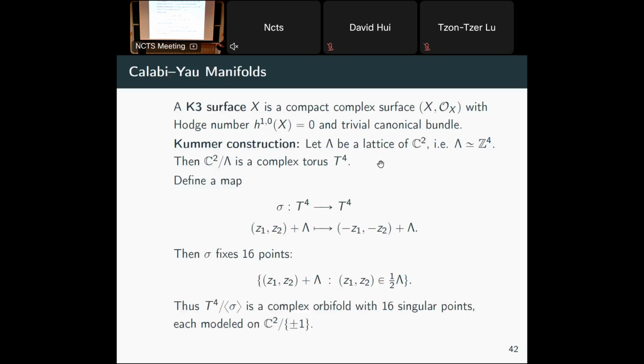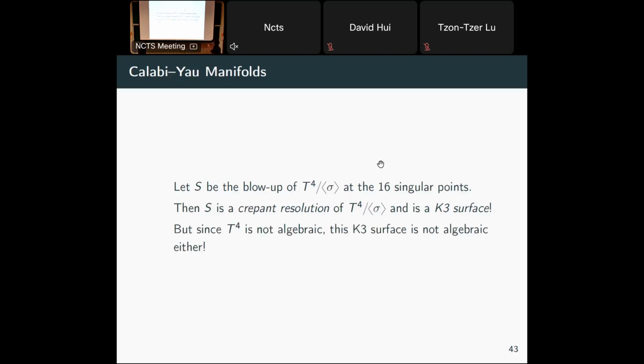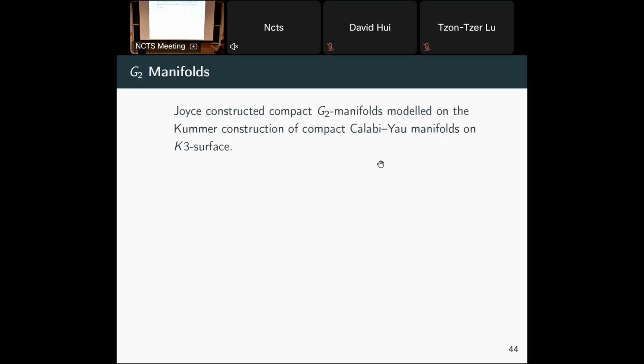If you quotient your torus by this map, you get a complex orbifold with exactly 16 singularities. So you blow up at those 16 points, and that's a crepant resolution, and you get a K3 surface. But what's interesting here is that since your torus is not algebraic, this K3 surface is not algebraic. So that's the Kummer construction.